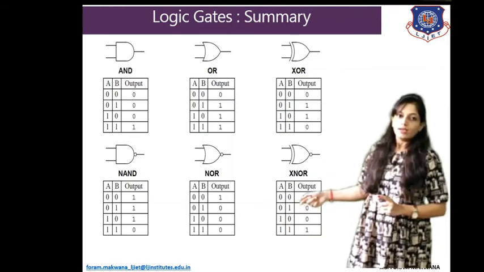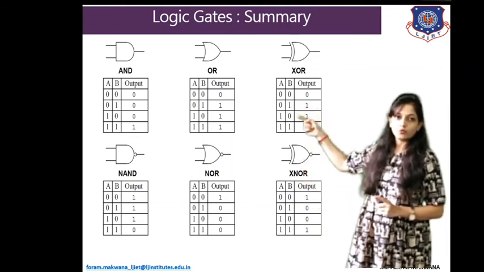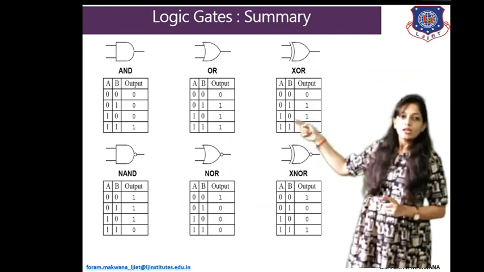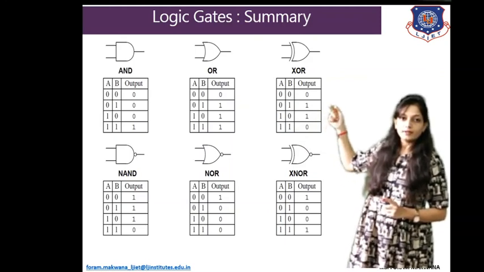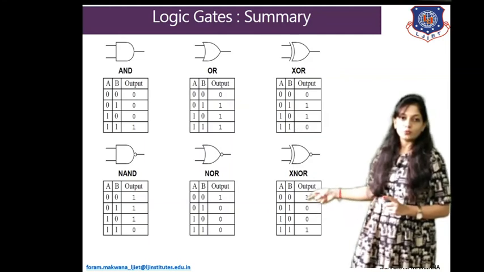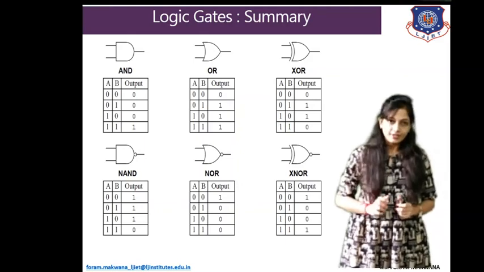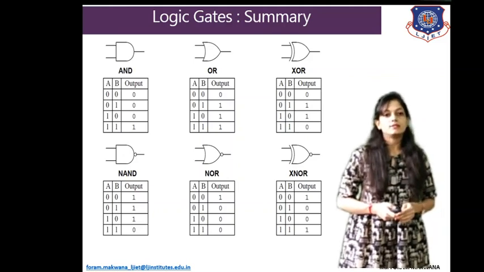As we have seen for the XOR gate, for 0,0 we are getting 0, for 0,1 it is 1, 1,0 is 1, and 1,1 is 0. So if two inputs are different, output is 1 for XOR, but if two inputs are the same, then we get output equal to 1 for XNOR. So this is the XNOR gate. We have seen all the logic gates, their truth tables as well as their symbols.